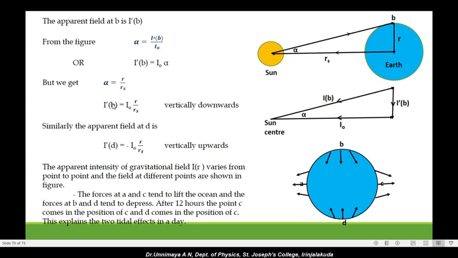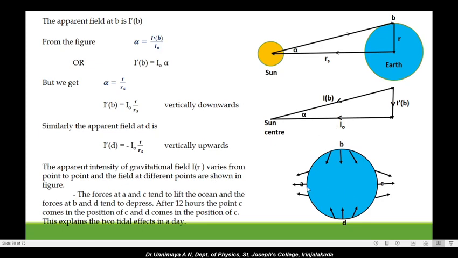be equal to I prime D will be equal to minus I0 r by rs. That is vertically upwards. D എന്ന് പറഞ്ഞ പോയിന്റിന് എങ്ങനെയായിരിക്കും? അത് വെർട്ടിക്കലി അപ്വേർഡ്സ് ആയിരിക്കും. ജസ്റ്റ് ഒരു മൈനസ് സൈൻ മാത്രമേ ഉള്ളൂ വ്യത്യാസം. So I prime D will be equal to minus I0 r by rs, that is vertically upwards. So Earth's 4 points apparent fields we calculate.